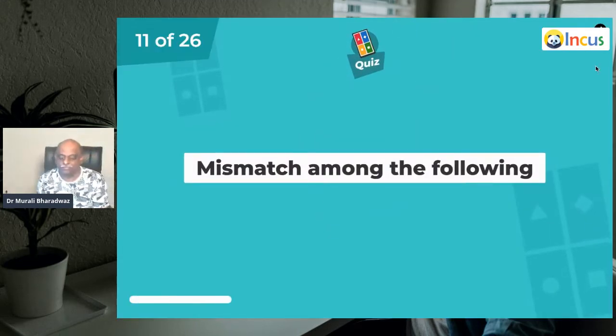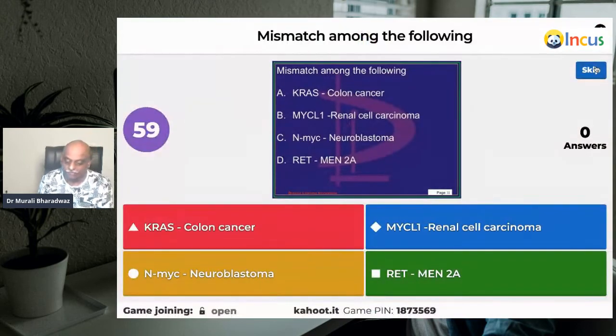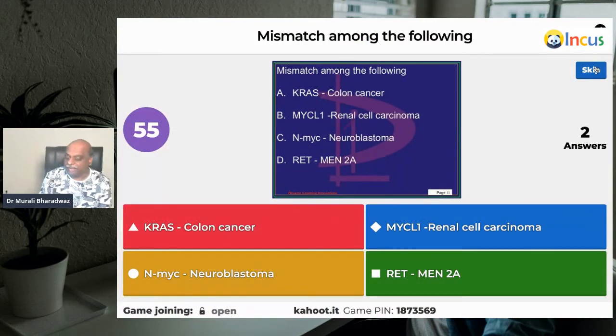Now, what is the mismatch among the following? KRAS, MYCL1, NMYC, RET. So all these proto-oncogenes, you have to be 100% sure with what they are associated.